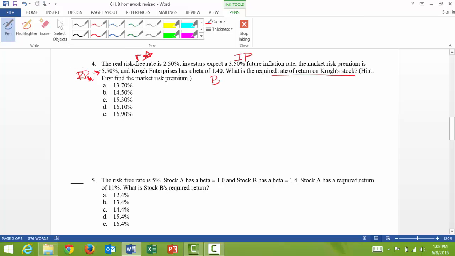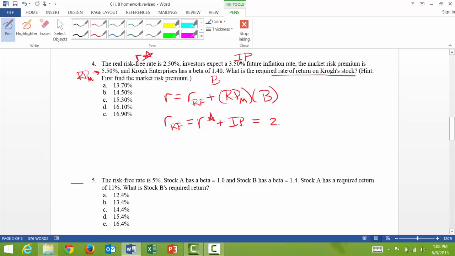So there's the beta, and this is the market risk premium. So my equation again is, what I need is the risk-free rate plus the market risk premium times the beta. Now, I don't have the risk-free rate. But I know from chapter 6, the risk-free rate is equal to R star plus the inflation premium.